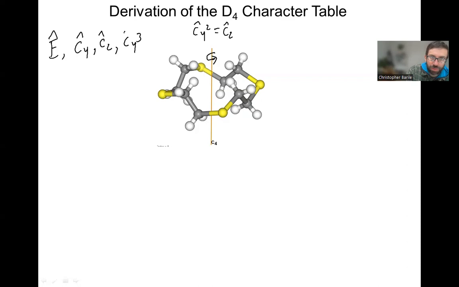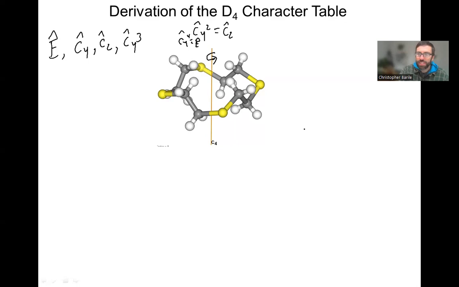That would be a 270-degree rotation. That's going to be unique. So those are unique operations. Now, if we do a C4 four times, that is just equal to identity. That's a 360-degree rotation. So that's not a unique operation.